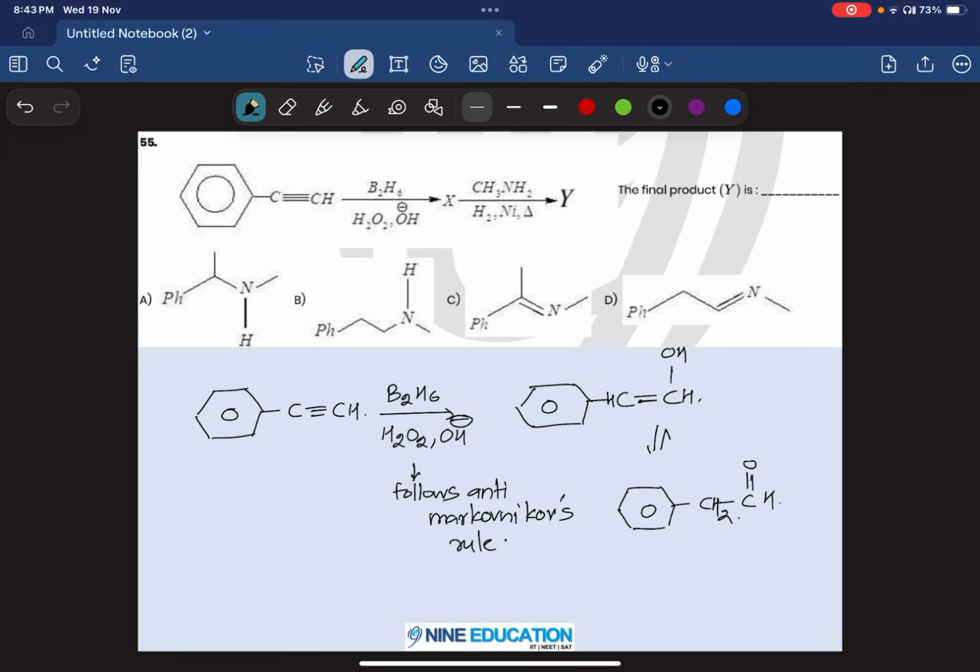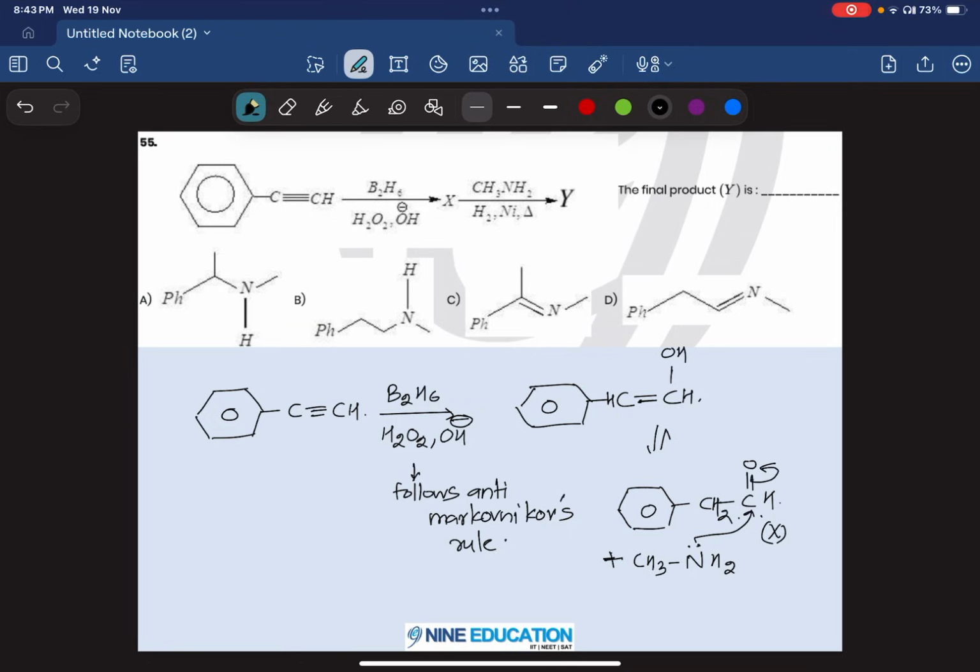In the second step, CH3NH2 acts as a nucleophile, and this intermediate, that is X, undergoes a nucleophilic addition reaction. NH2 reacts with the carbonyl group because nitrogen has a lone pair. It acts as a nucleophile and undergoes nucleophilic addition.